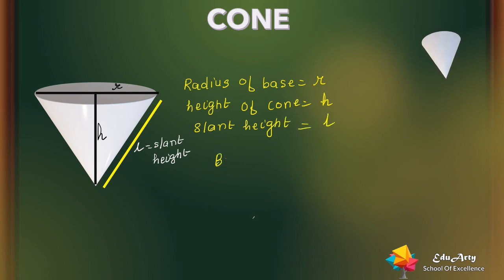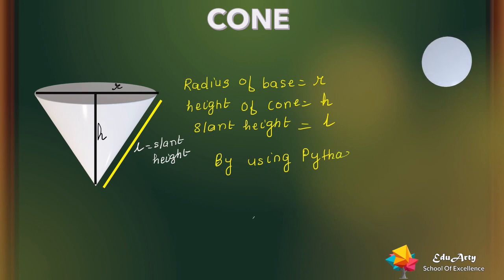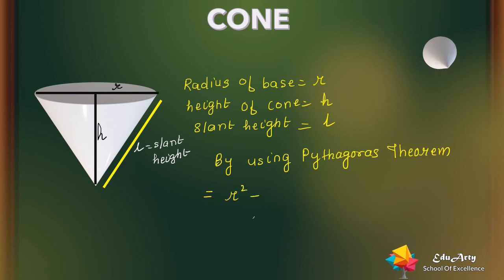Then by using the Pythagoras theorem, what can we say here? R square plus H square is equal to L square. This is the same as A square plus B square is equal to C square.